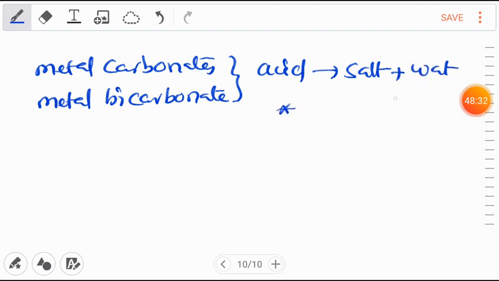Importantly, along with that, CO2 is released. This is the conclusion.